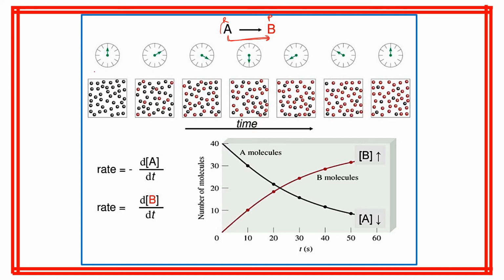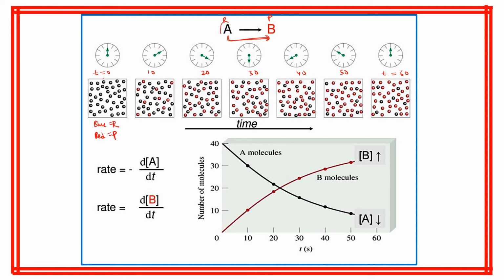So here T equal to 0 is the initial time, and here T equal to 60 seconds. For every 10 seconds, the concentration of reactant and the concentration of product is changing here. The blue color is for reactant and red color is always for products.